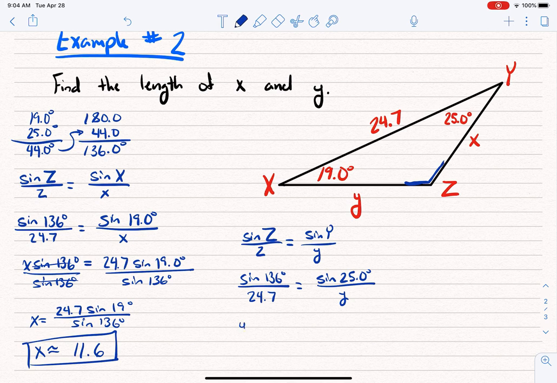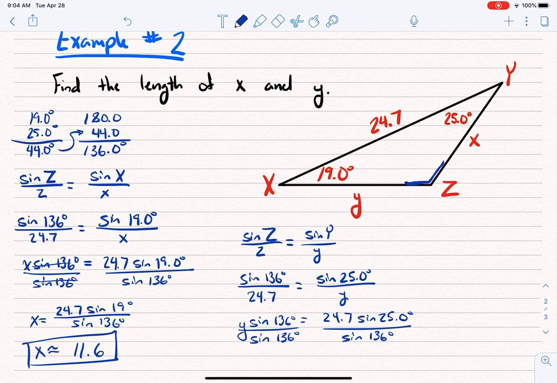Cross multiply, and I get that y times the sine of 136 is equal to 24.7 times the sine of 25.0, and divide both sides by the sine of 136.